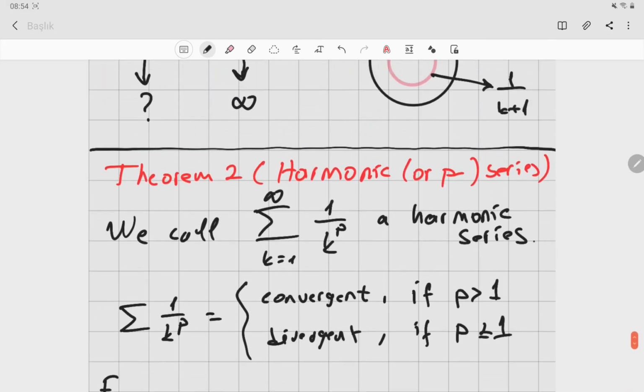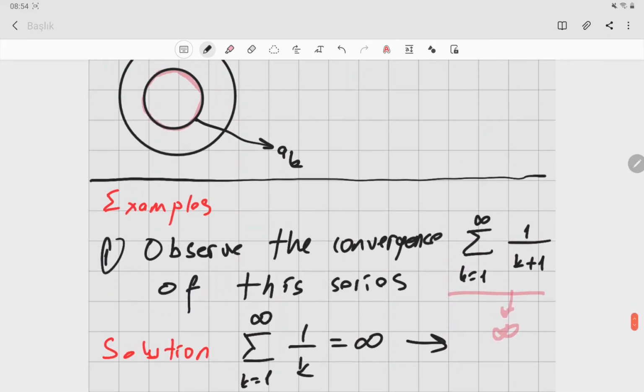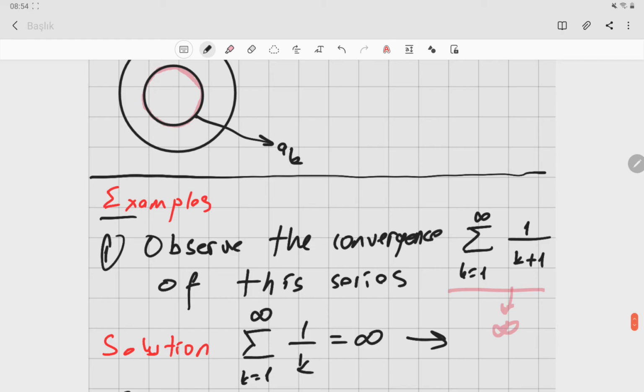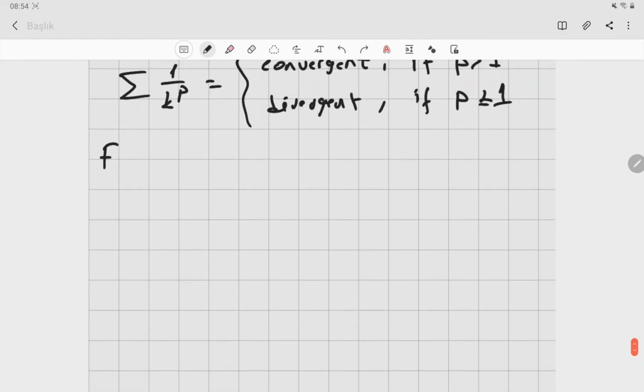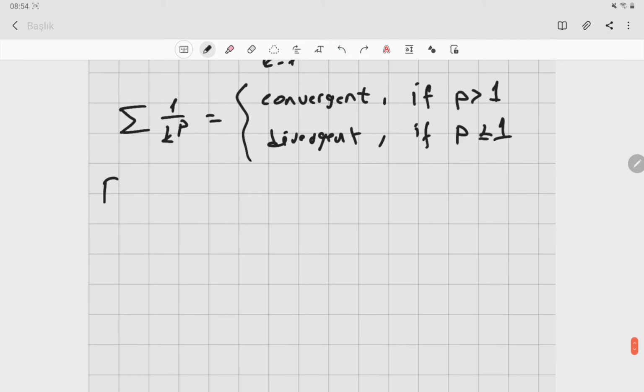Okay, examples. We wrote here already examples, and we may write here example 2, that we already know equals infinity.